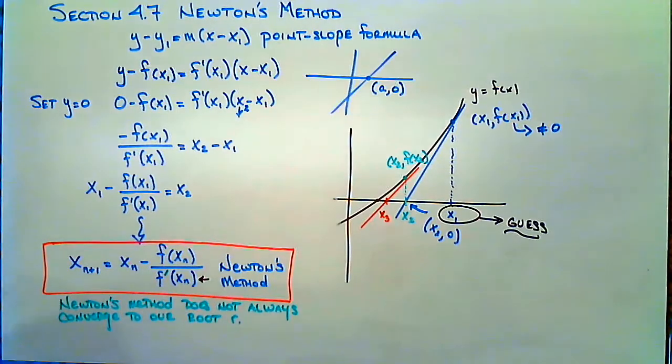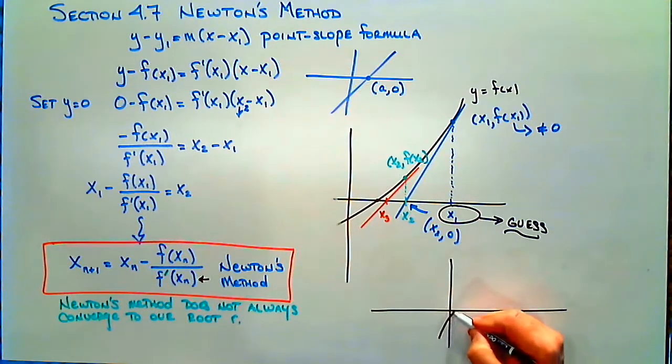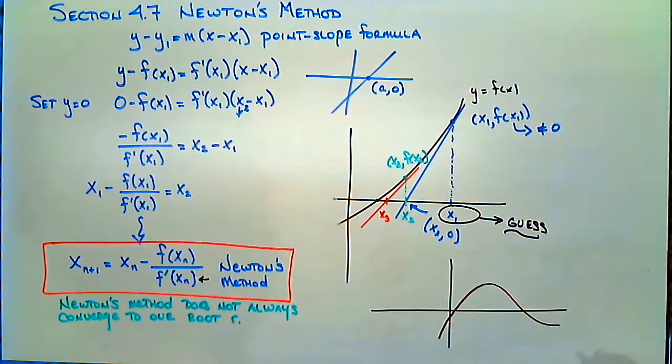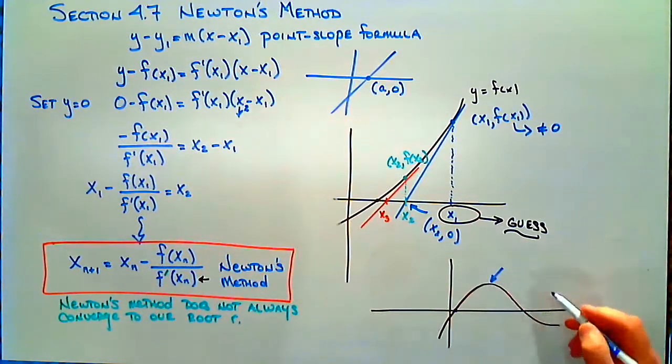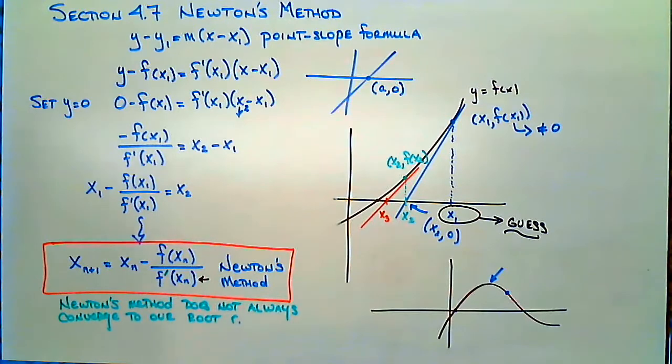Well, another place where Newton's method could fail for you is if your function has more than one root and you're looking for this root. And even if it doesn't have more than one root, but if you're looking for a root and your function has a max or a min, and you pick your initial guess to be on the other side of the max or min, what we would call, in this case, the wrong side.